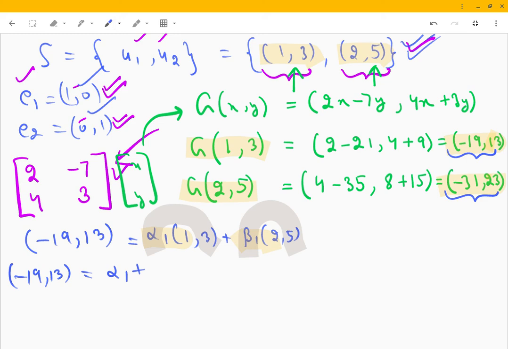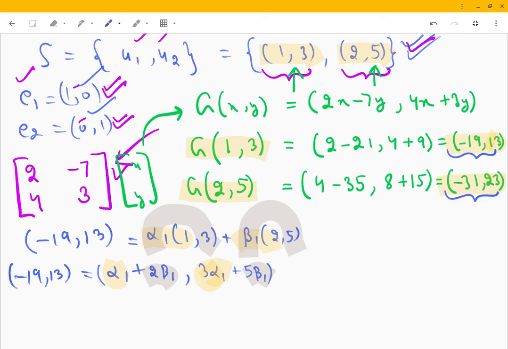Alpha 1 plus twice beta 1, comma 3 times alpha 1 plus 5 times beta 1, right? Looks funny, but I hope you are smart enough. Okay, so this is what is happening. Now we have got two equations.